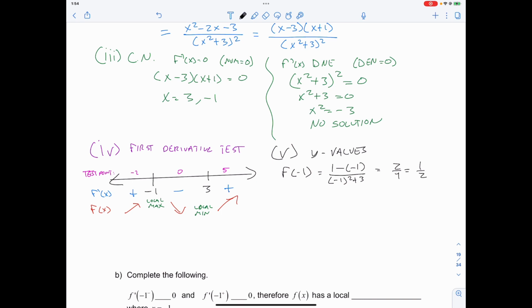Because this exists at a point where it changes from increasing to decreasing, that is my local max.